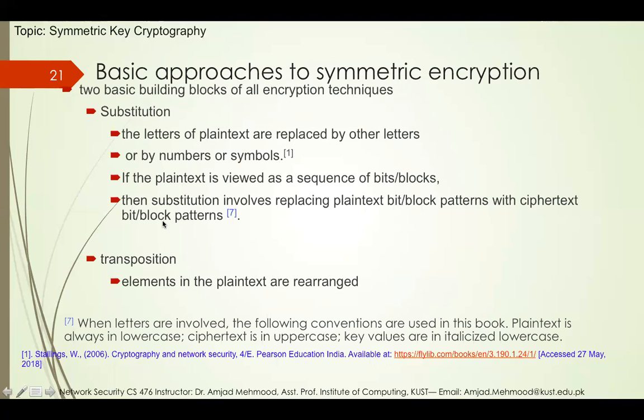If this is considered as a sequence of bits, it will be a stream cipher, and if it is considered as a sequence of blocks, it is called a block cipher. We will be studying these approaches in our next lecture.